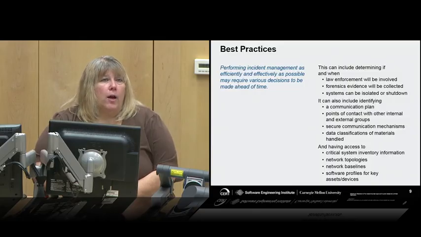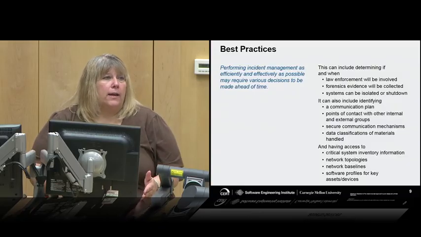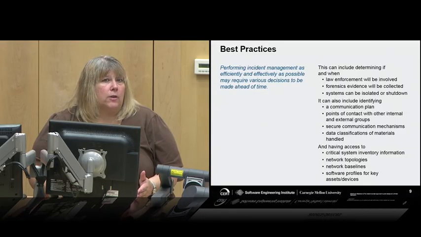Also, one of the prepare best practices is to identify any sensitive information. If there is information that has to have restricted access, such as classified data if you're government or military, you need to understand your data scheme for labeling information and identifying sensitive, restricted or confidential information.